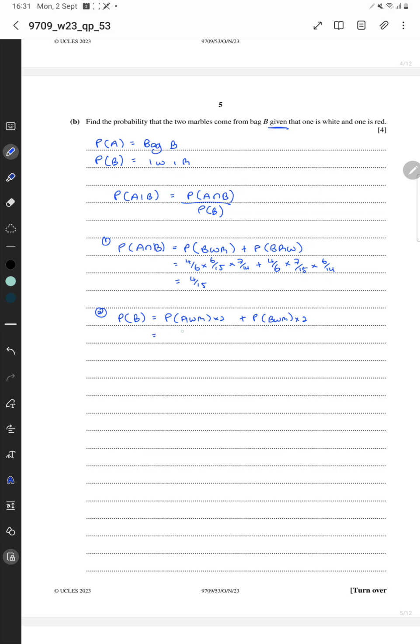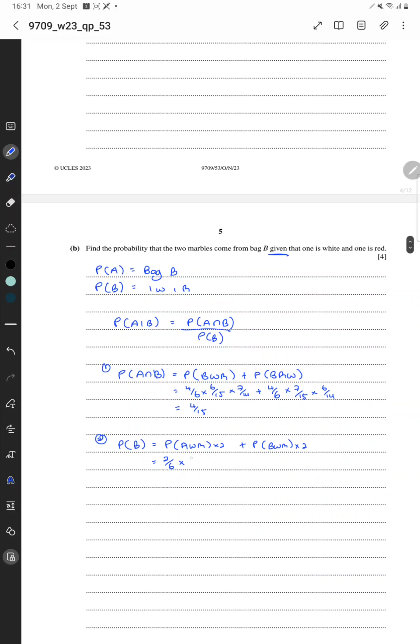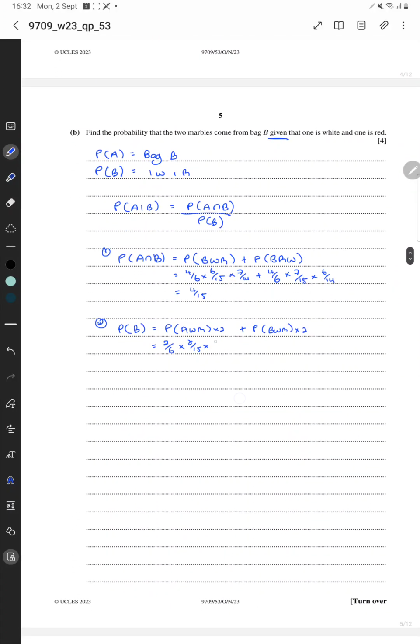So for the probability of A, we're going to start with 2 over 6 times the white from bag A, which is 8 over 15, times the red from bag A, which is 4 over 14. And don't forget, we're going to multiply this whole thing by 2 because we're going to have red and white from bag A as well.